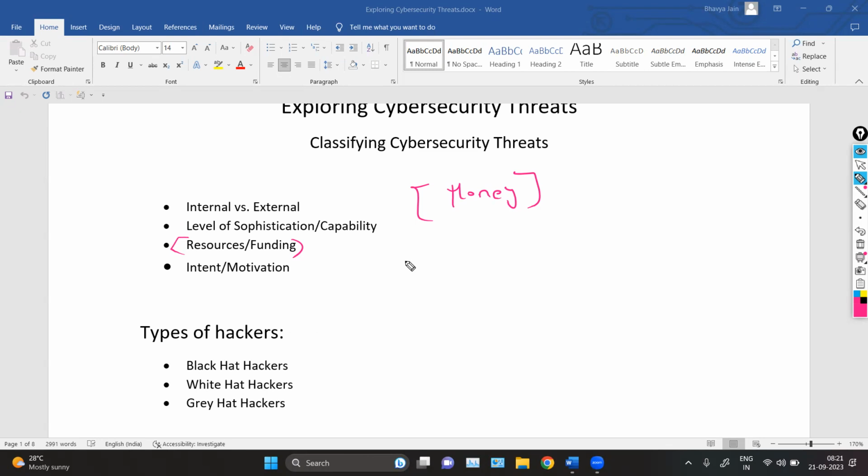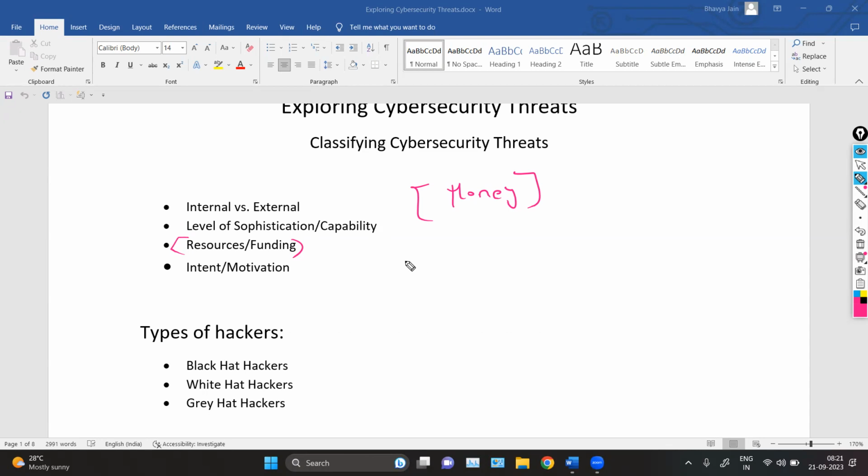Even some hackers hack for the government. The government provides the resources, like systems, tools, devices, and fundings like money, for their group of members.